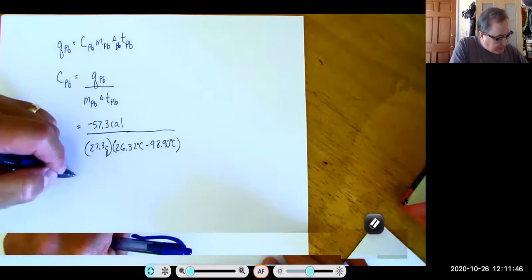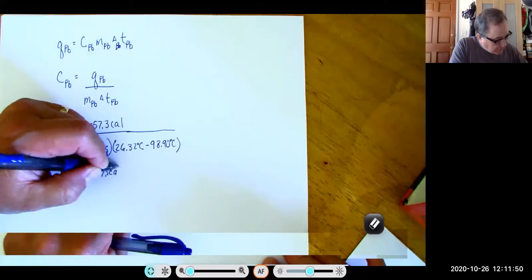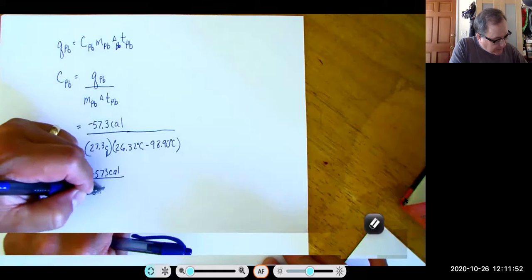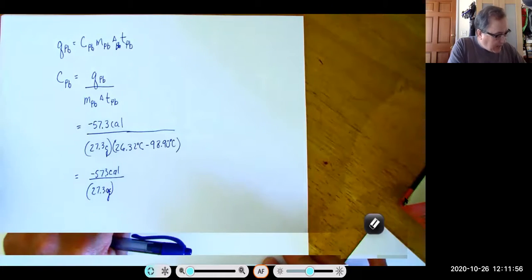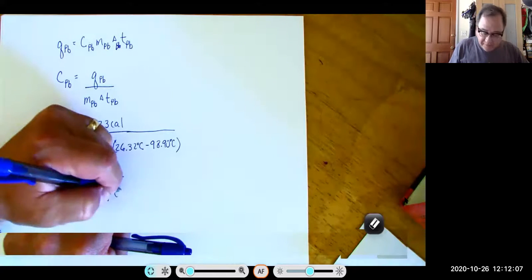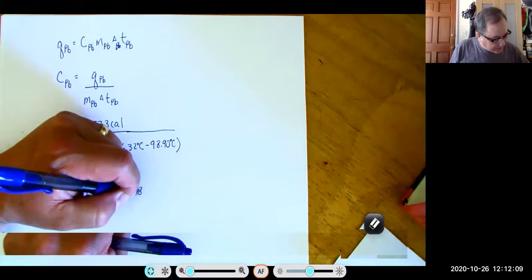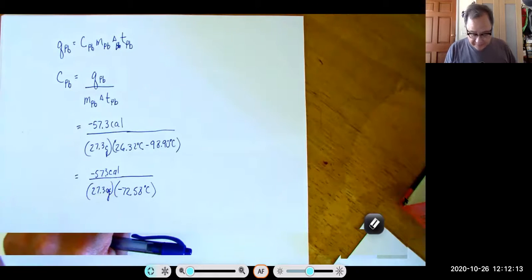Now this is going to end up being minus 57.3 calories over 27.3 grams. And when I do this, 26.32 minus 98.90, I get negative 72.58 degrees Celsius. So I have a negative divided by a negative, which is going to give me a positive.